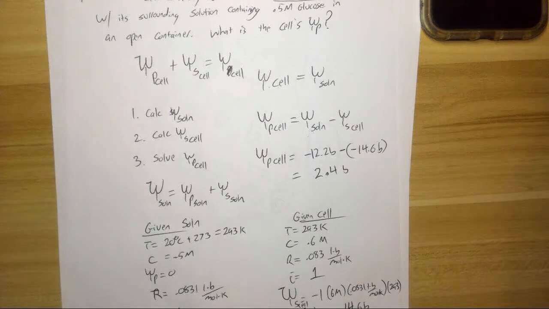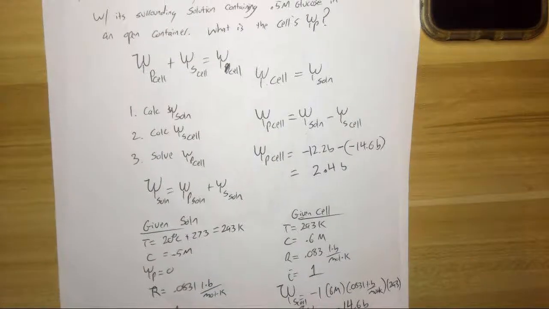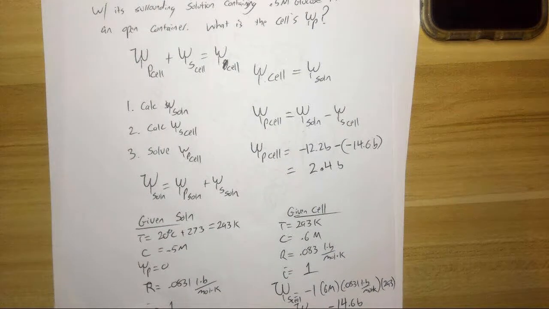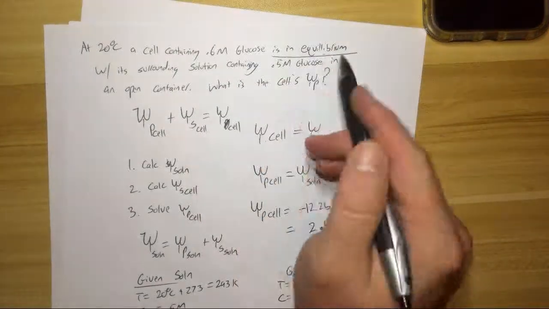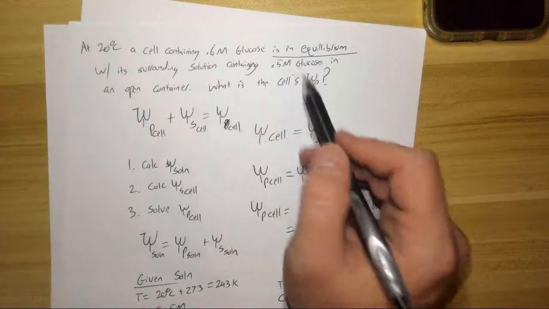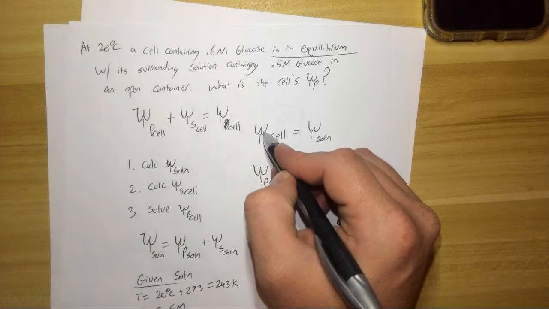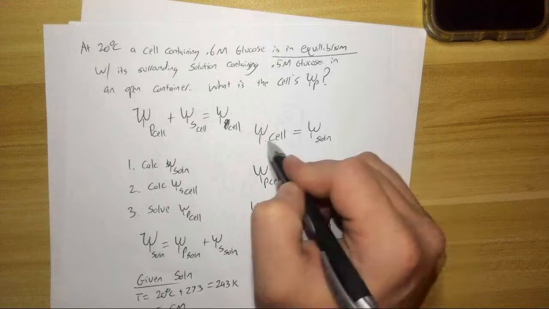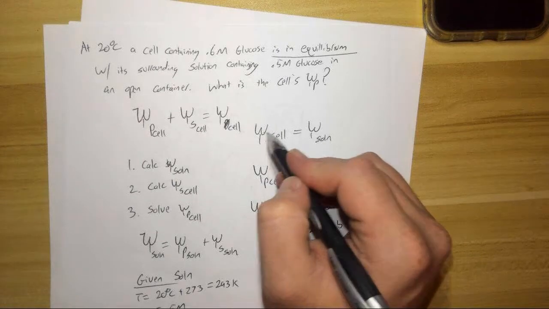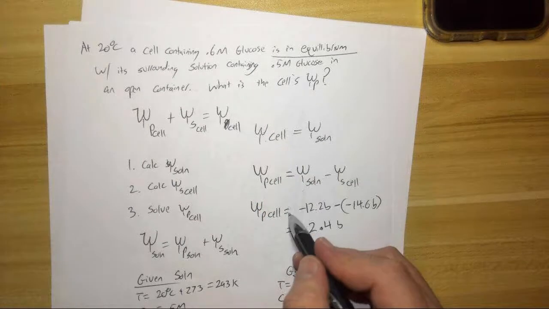Now, it's not impossible, nowhere near that. It's relatively just taking what you know, and you have to make this jump here. The biggest thing is this equilibrium topic. So anytime you see equilibrium, it just means the water potential of one side equals the water potential of the other. But every cell's a little different. Even a cell's technically a closed container, so that's why it can have a different pressure potential.